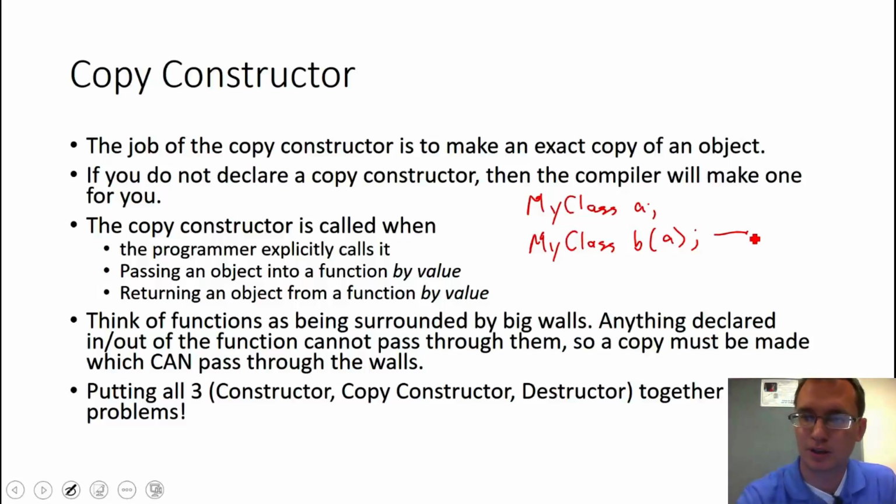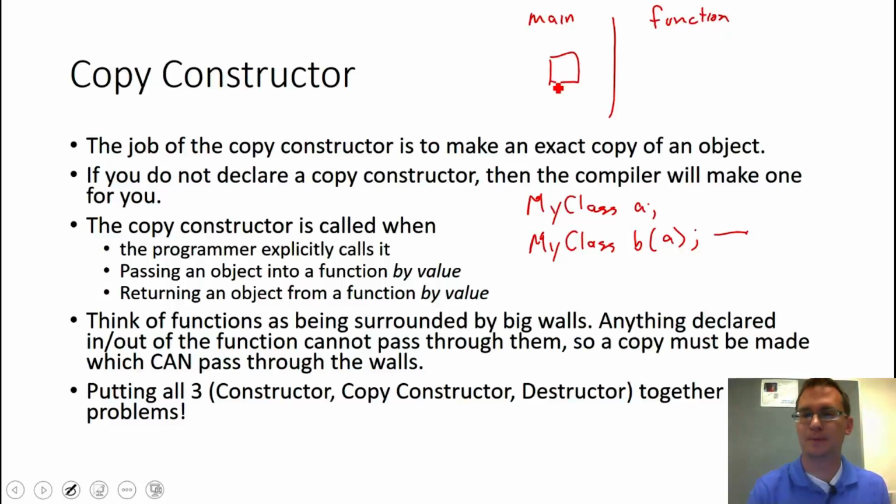So let's say this is main, and this is your function, and we have an object here, and if we're going to pass this object by value into the function, then the function has a space reserved. Okay, let's say we just have a number 2. The function has a space reserved saying, here is where my object is going to go, and so the copy constructor then fills that space up, so the function can now use it.